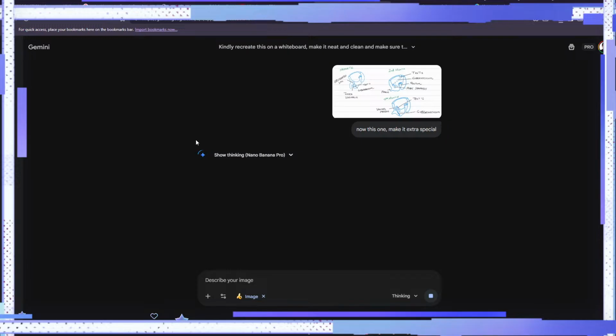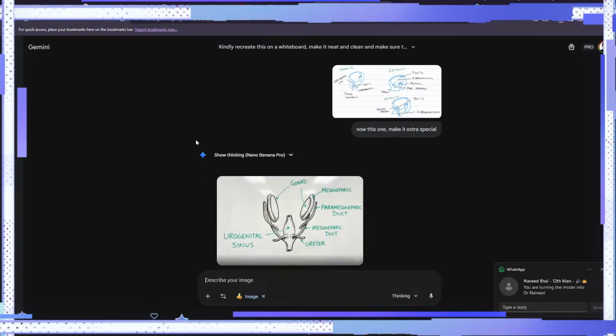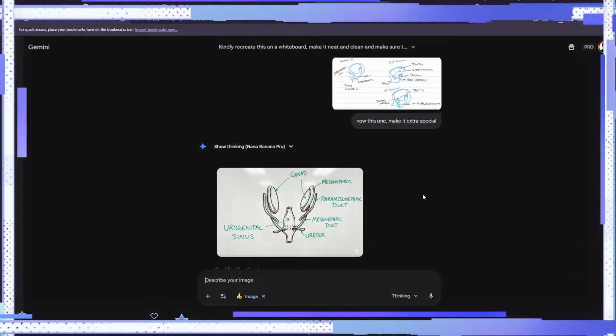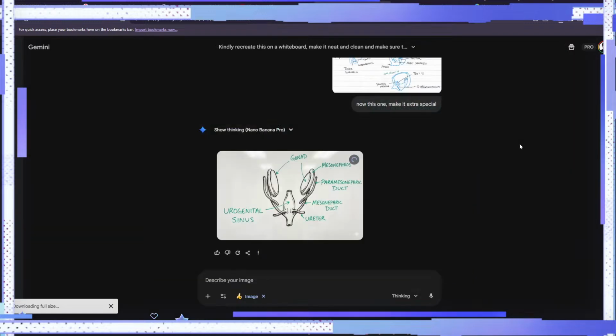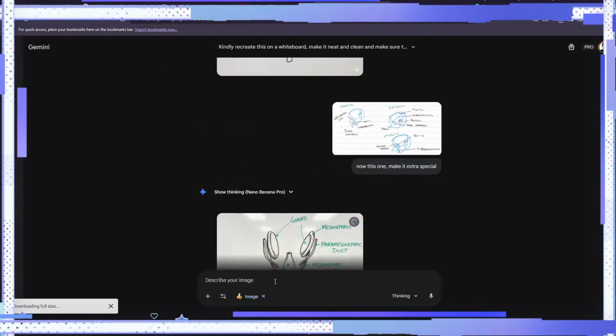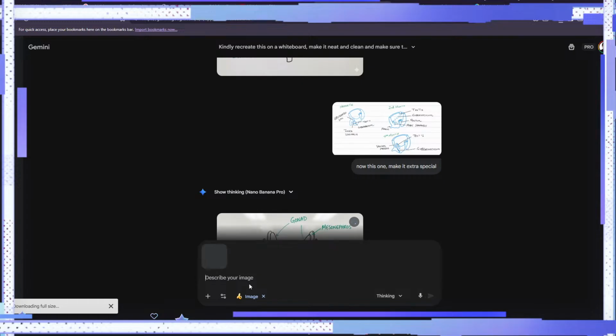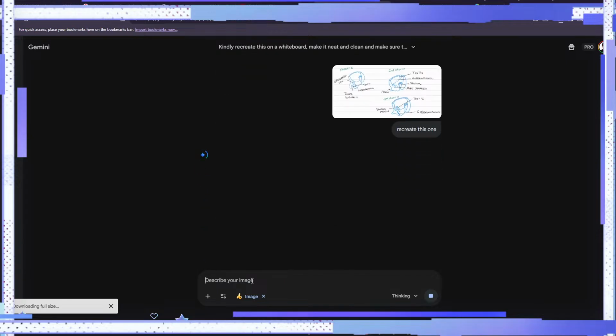Ooh, maybe... what the hell did it do? Whoa, that's good. But it's straying away from what I'm asking it to do. I said recreate this one, not the other one.